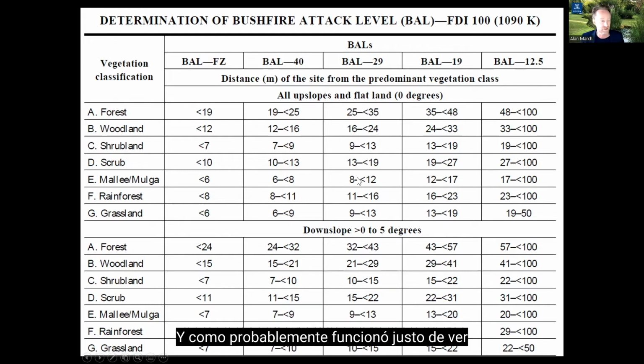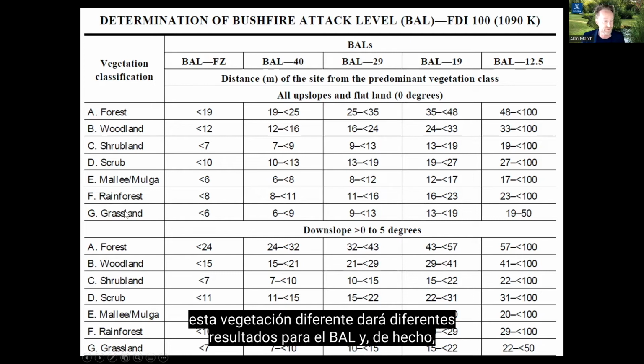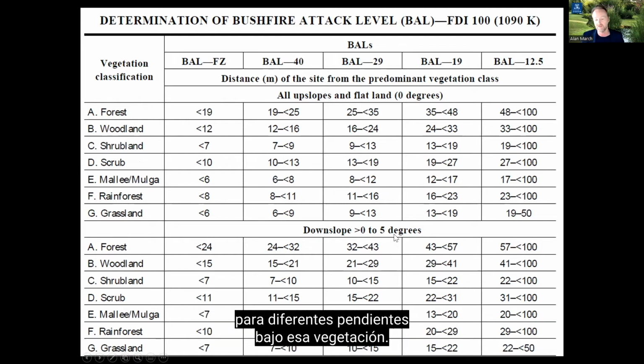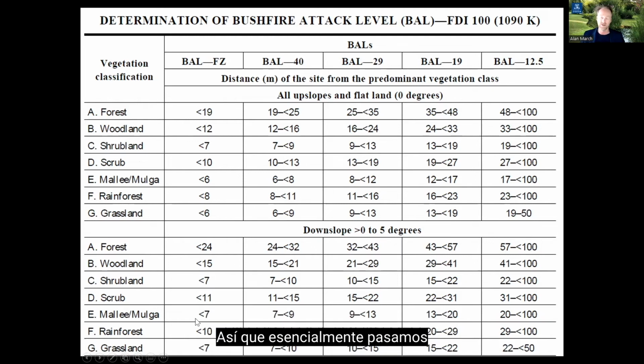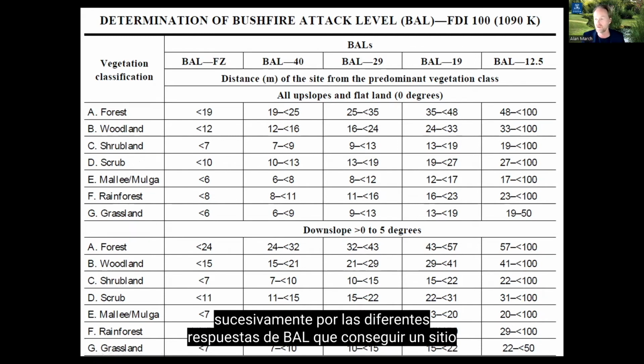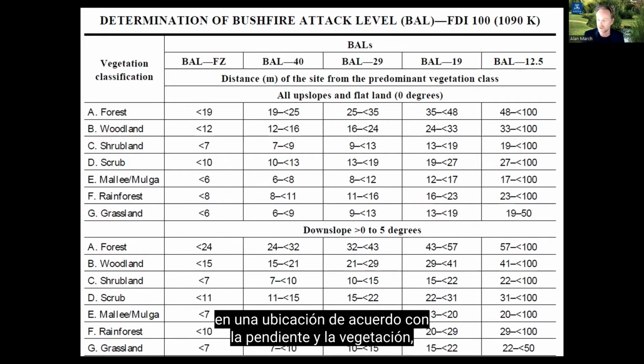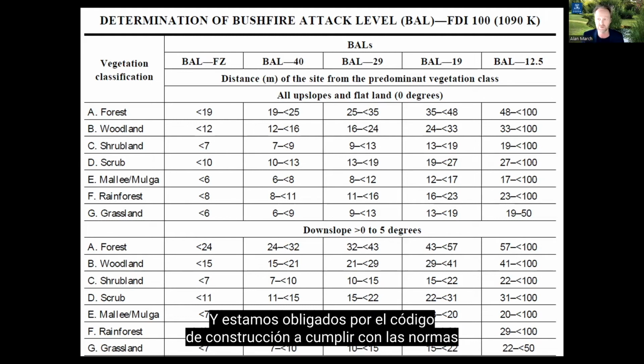And as you probably worked out just from looking at this, different vegetation will give different outcomes for the BAL and indeed for different slopes underneath that vegetation. So essentially we go through the different BAL responses that we would get for a site in a location according to the slope and vegetation, the slope underneath the various classified vegetations. And we are required by the building code to meet the construction standards of the highest BAL that is delivered by that systematic analysis.